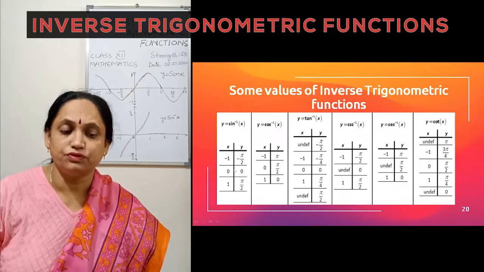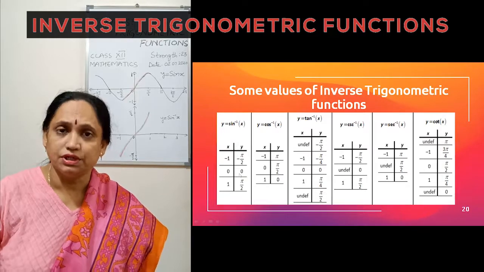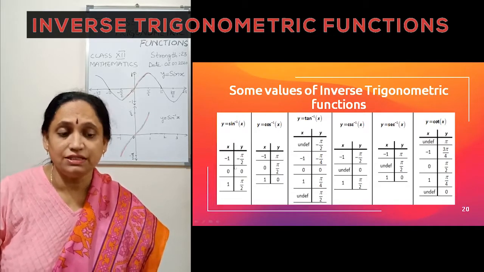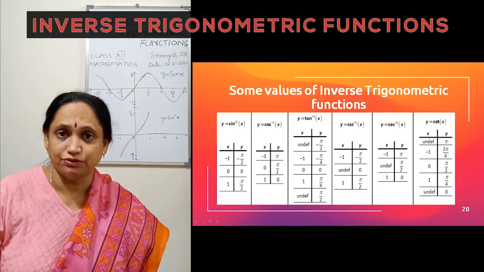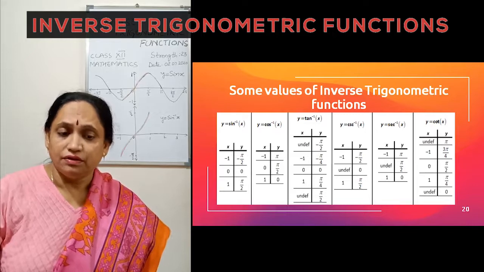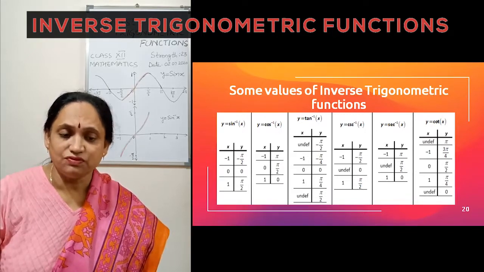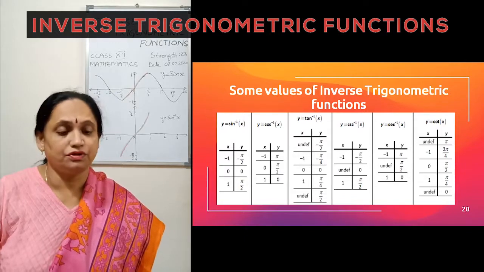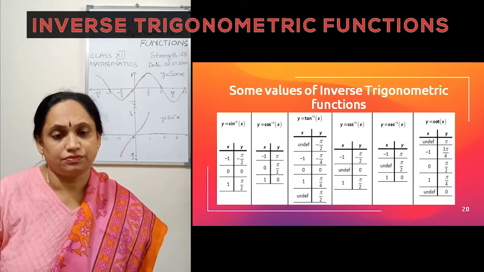Similarly, sine inverse of 0 is equal to 0. Sine inverse of 1 is pi by 2. It's very easy. You can see here they are all direct values, which we had for the intervals also. Then the next one, cos inverse of -1 is pi. Cos inverse of 0 is pi by 2. Cos inverse of 1 is 0.